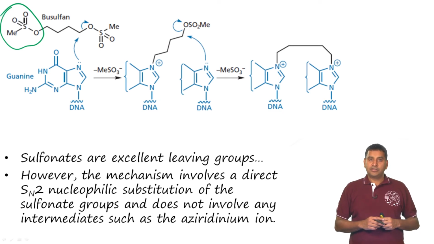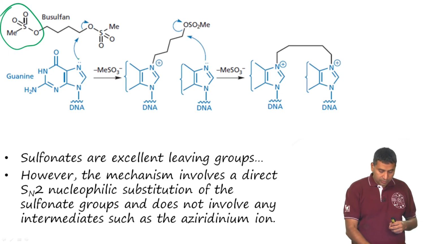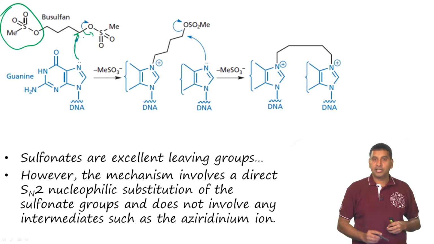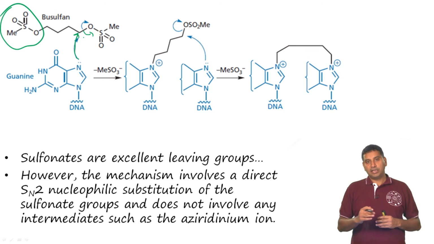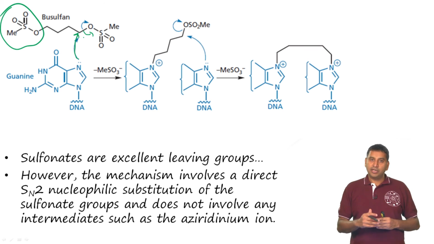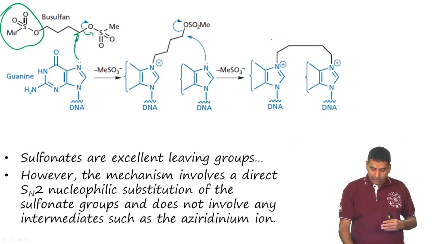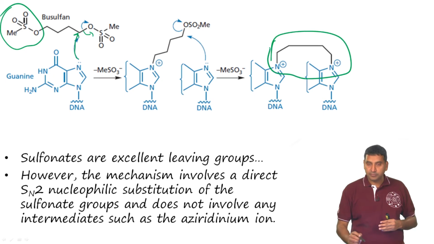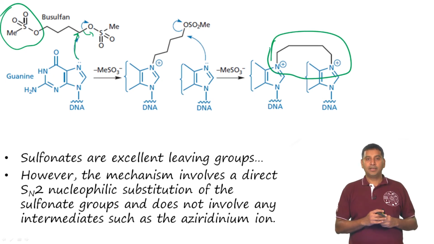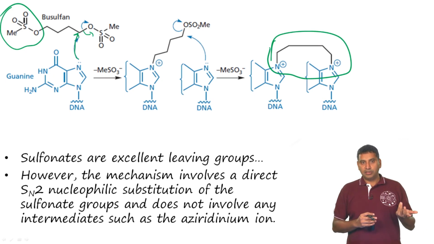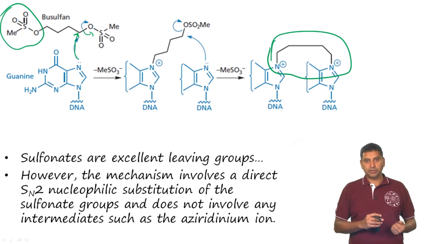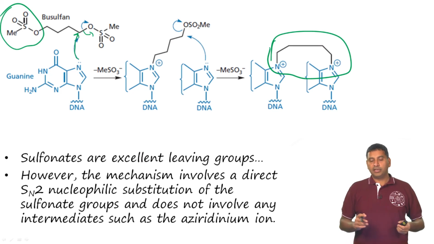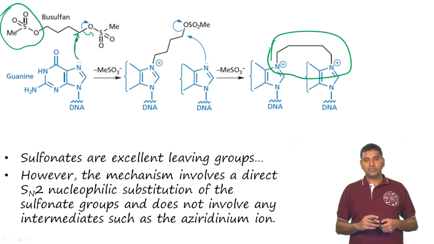Because of their excellent leaving group ability, they can react with guanine, and once they are kicked out, they alkylate guanine. Subsequently another nucleobase attacks and it produces a cross link as shown here. This mechanism involves SN2 nucleophilic substitution and does not involve any intermediate such as the aziridinium ion.